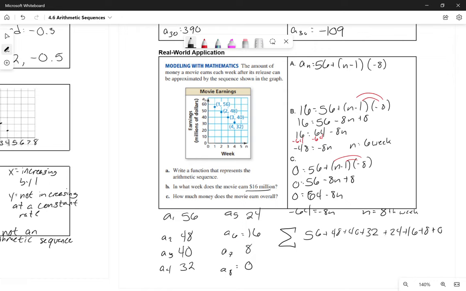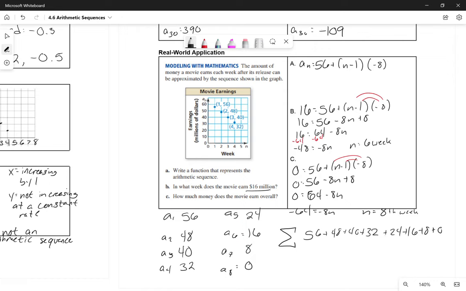And I'm just going to put 0 there because it makes sense. So we're going to do some off-screen calculations and add up all these numbers to find the sum. And again, that big E looking thing just means sum. You're going to get the sum of all those numbers.